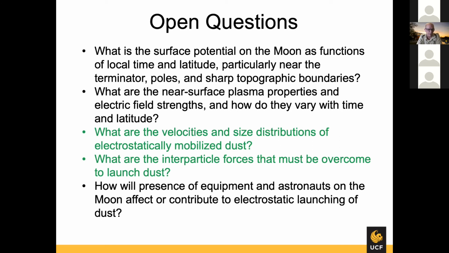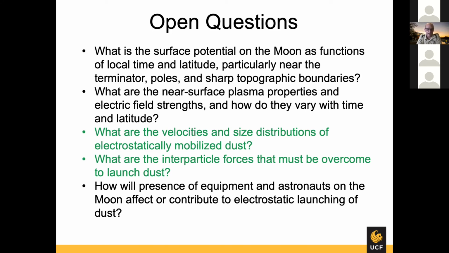So if we're sending things to polar regions, we may find a different sort of environment there. So it would be great to have better measurements of the plasma environment over the course of a lunar day from different locations above the lunar surface.